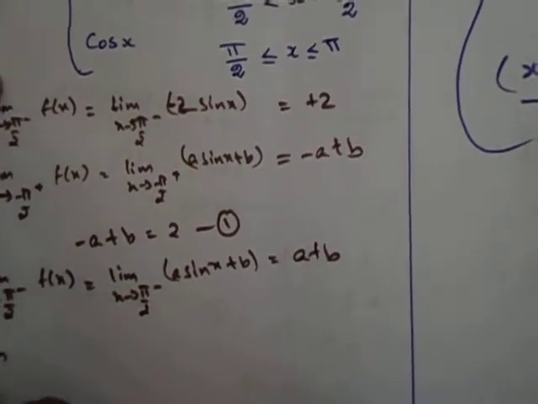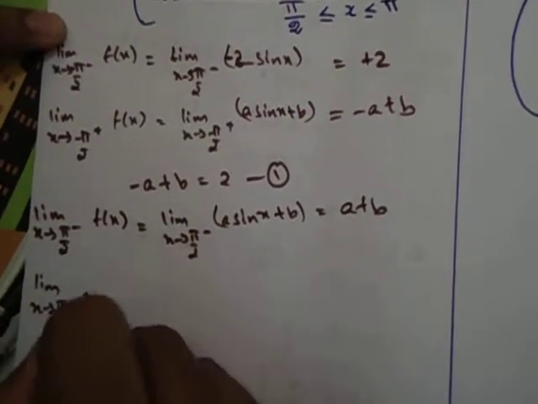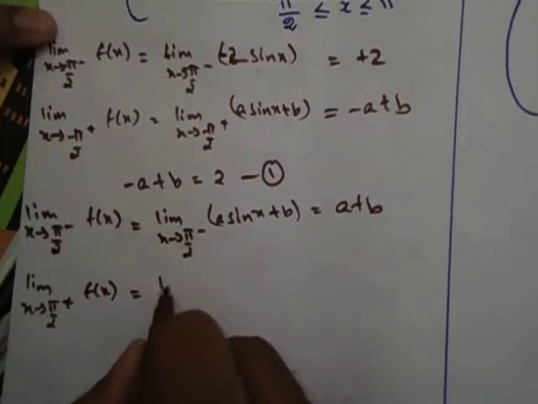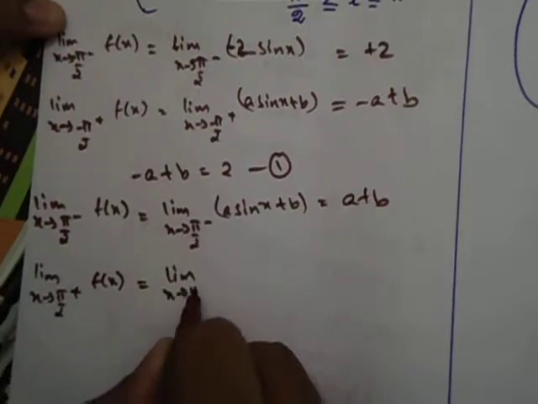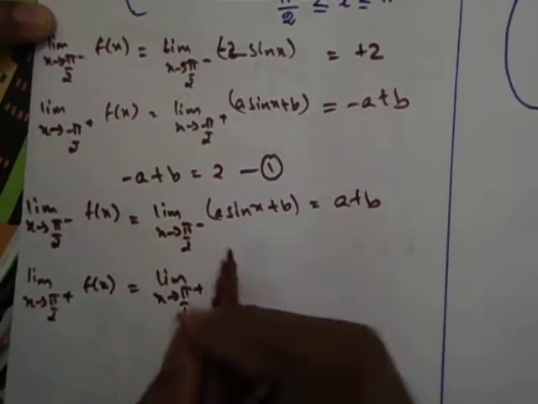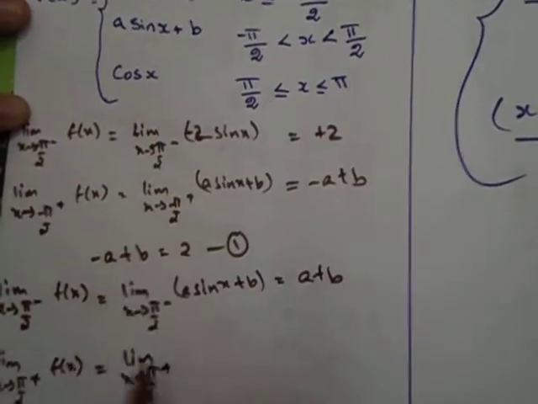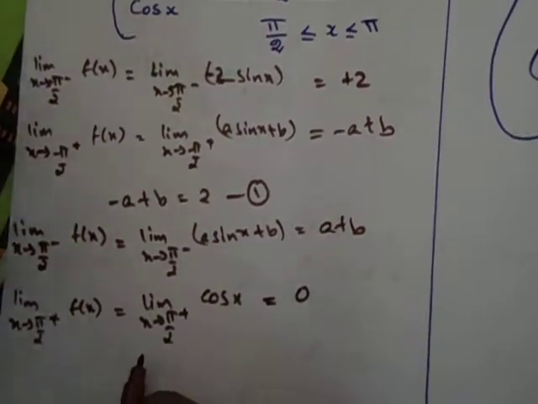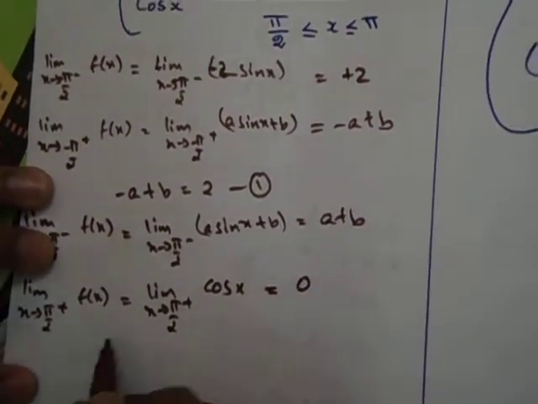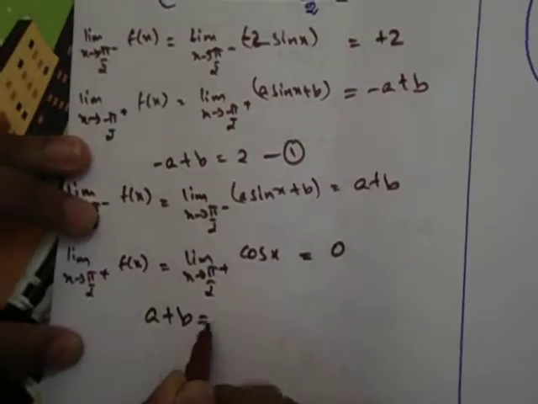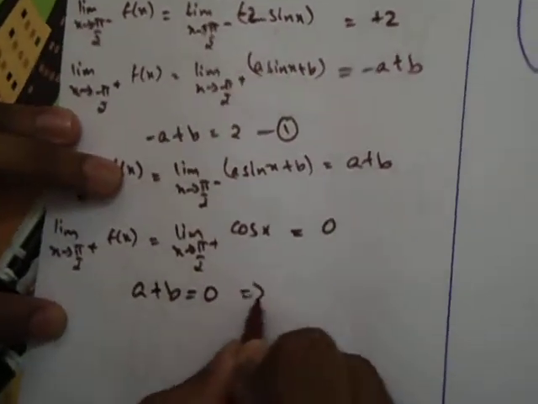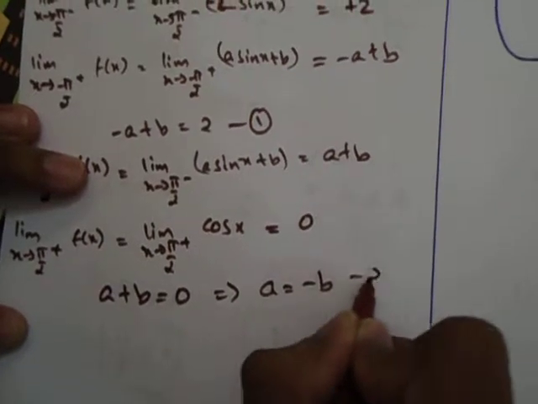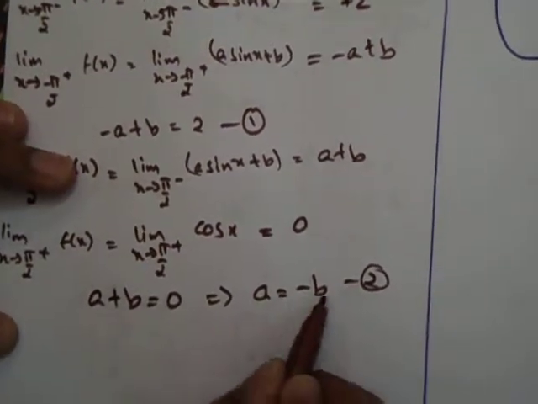And limit x tends to pi by 2 plus of f of x, after pi by 2, is cos x, and cos pi by 2 is 0, so we get 0. Left limit and right limit should be equal, so we equate both. We get a plus b equal to 0, which implies a is equal to minus b. This is equation 2.